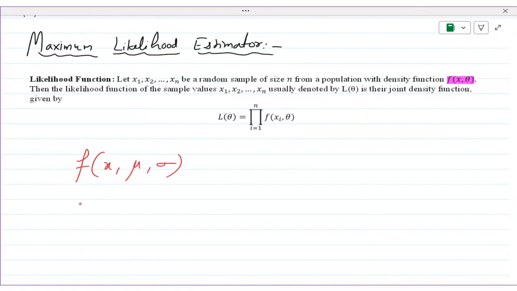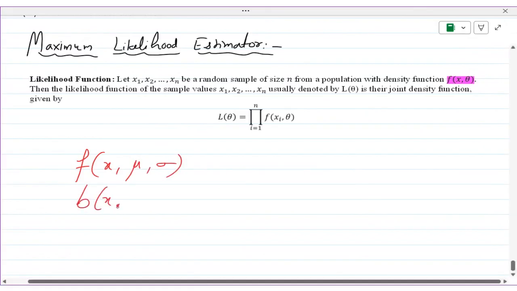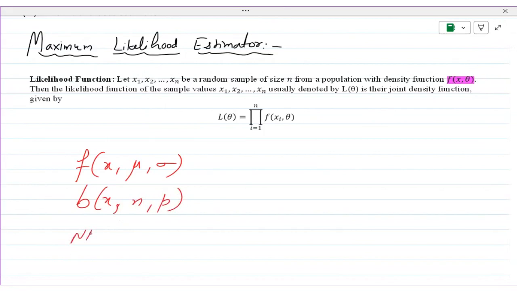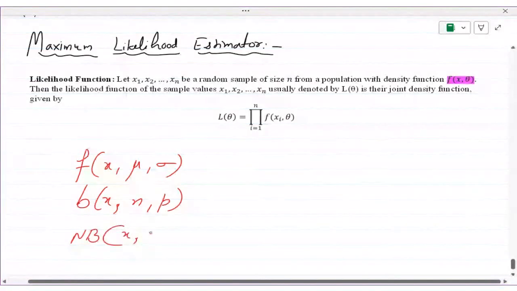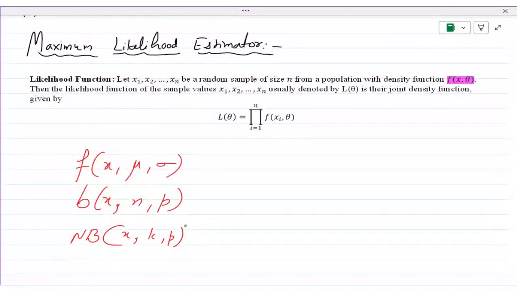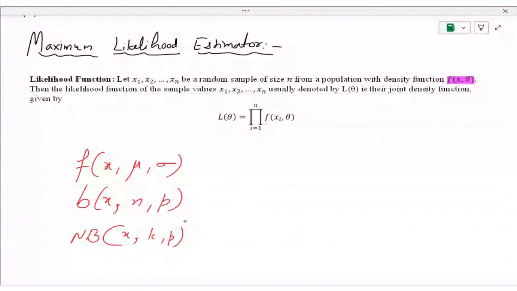In case of binomial distribution, the parameters are n and p. N is the total number of trials, p is the probability of success. In case of negative binomial distribution, the parameters are k and p, where k is the number of successes required. In different distributions, we have some parameters.